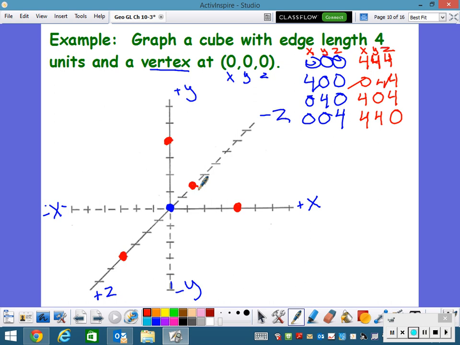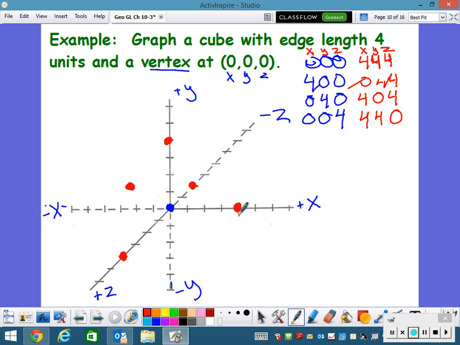0, 4, 4, don't go anywhere on the x-axis. Just go 4 up on the y-axis, and then come out diagonally towards yourself 4 units. So out 1, 2, 3, 4, about to here. Okay. 4, 0, 4, go 4 right on the x-axis. Don't go anywhere on the y-axis.